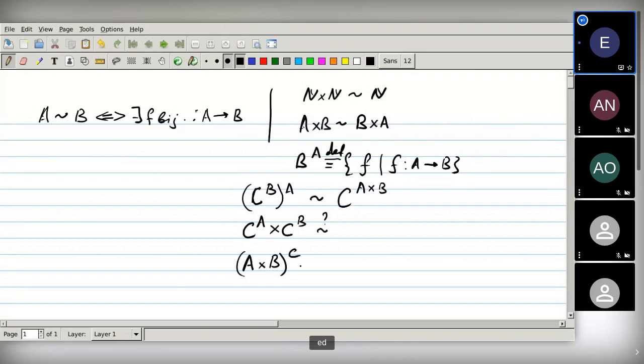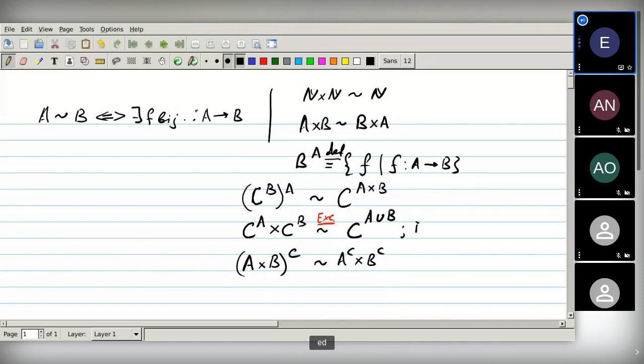We have considered this one, A times B to the power C. This is equivalent to A to the power C cross B to the power C. And here it is an exercise, we haven't proved it. We have indeed C to the power A, but not plus, but union B.